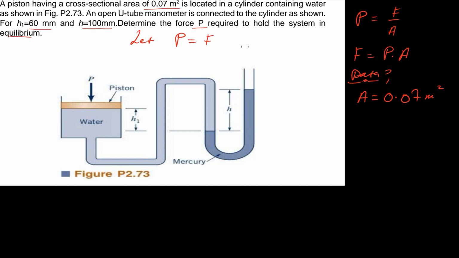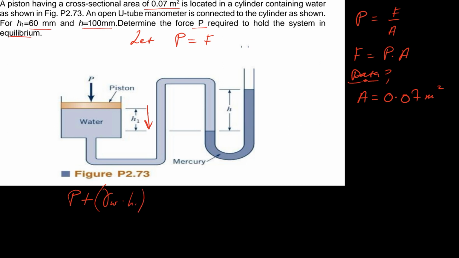So we're going to say that the pressure which is acting on the piston plus, since we're going downwards, this is water, so we're considering the specific weight of water times the height, which is H1.